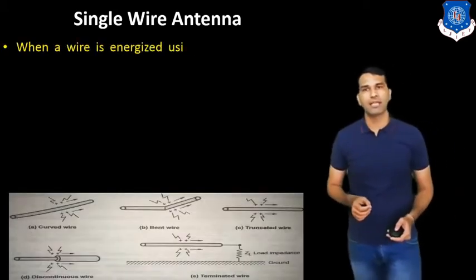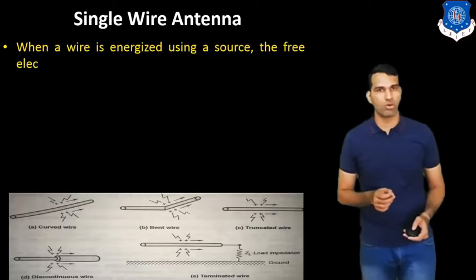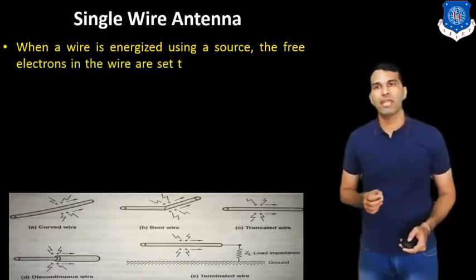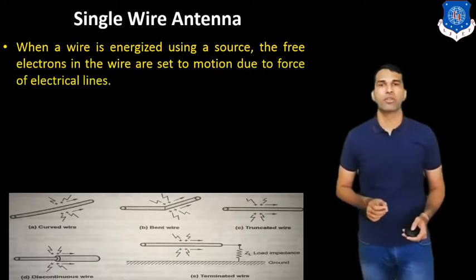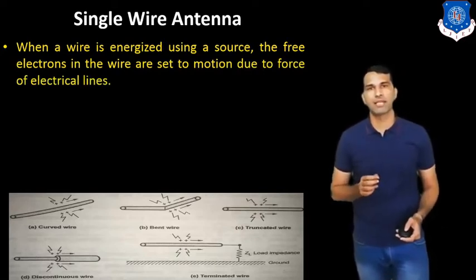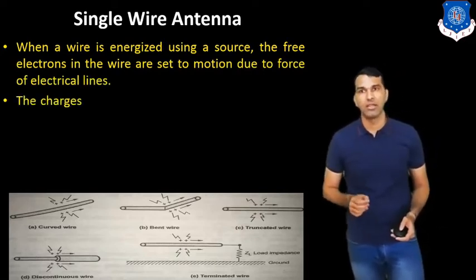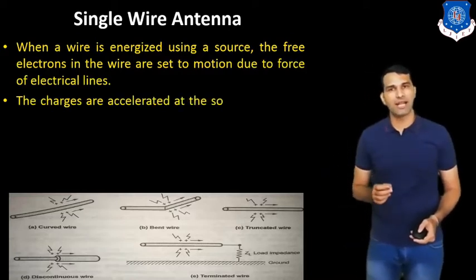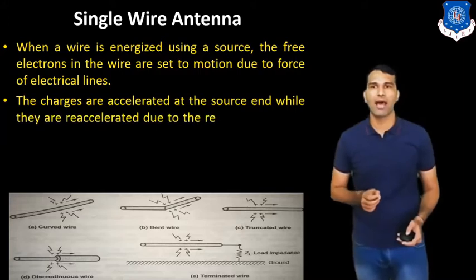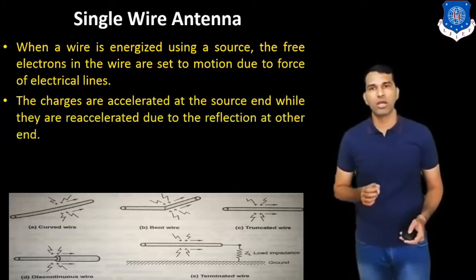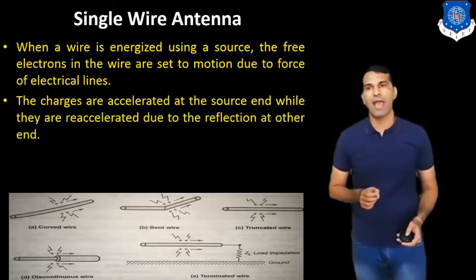When the wire is energized using a source, the free electrons in the wire are set in motion due to the force of electric lines. The charges are accelerated at the source, and they are decelerated due to the reflection at the other end.